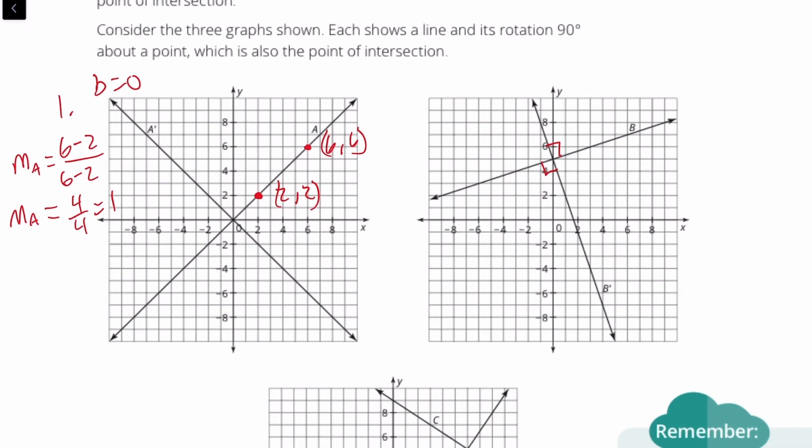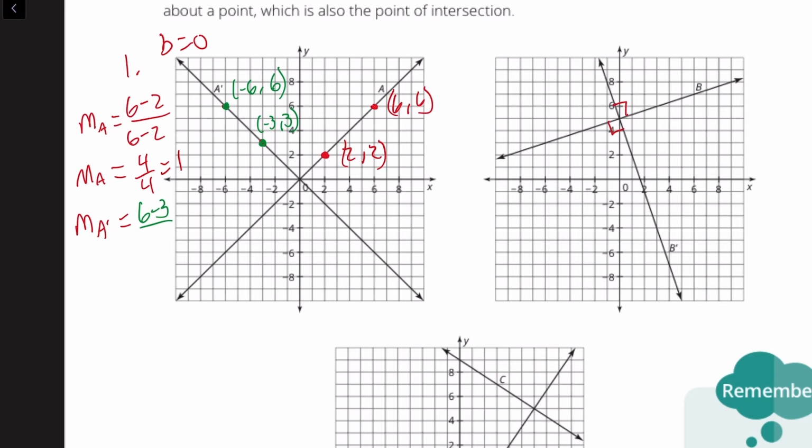So the slope of the regular A is 1. Now let's find the slope of A prime. 2 points: -6, +6 and -3, +3. 6 minus 3 for the y's.